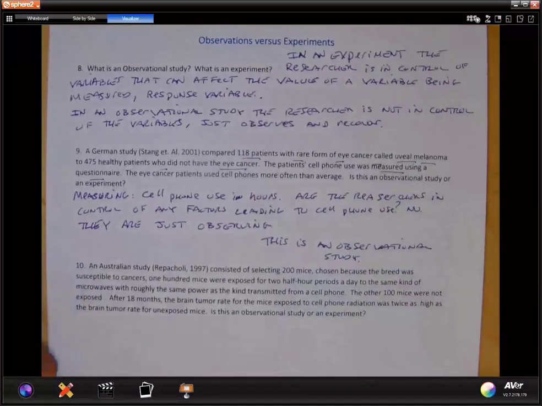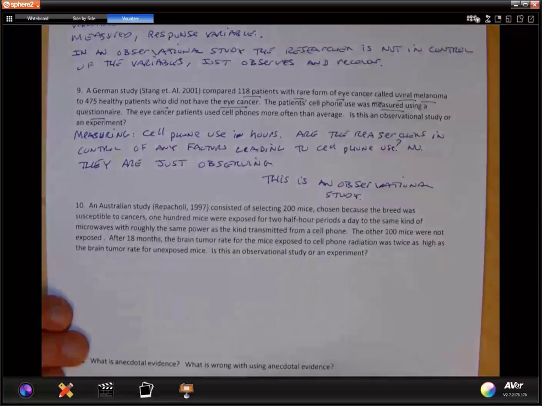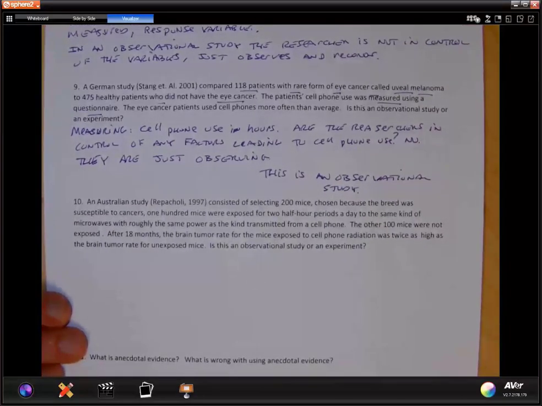Okay, how about this next one here? An Australian study consisted of selecting 200 mice, chosen because the breed was susceptible to cancers. 100 mice were exposed to 2.5 hour periods a day to the same kind of microwaves with roughly the same power as the kind transmitted from a cell phone. The other 100 mice were not exposed. After 18 months, the brain tumor rate for the mice exposed to cell phone radiation was twice as high as for unexposed mice.